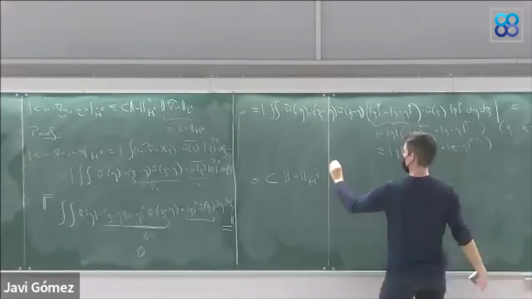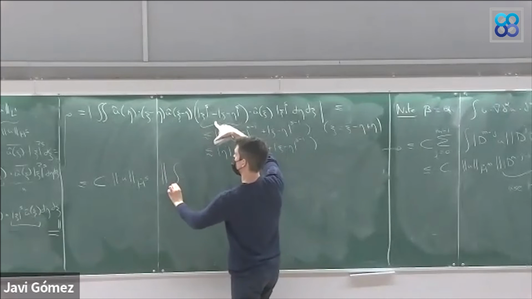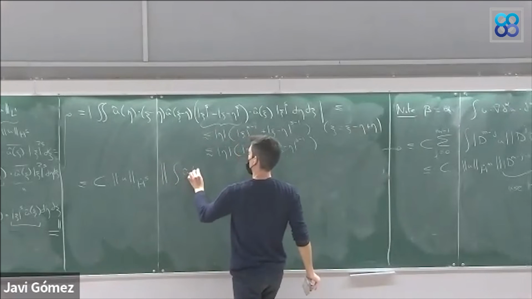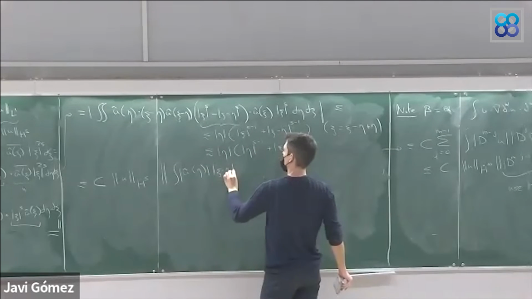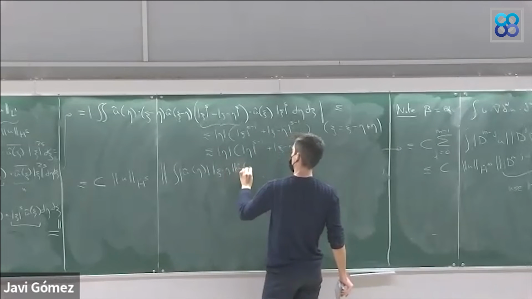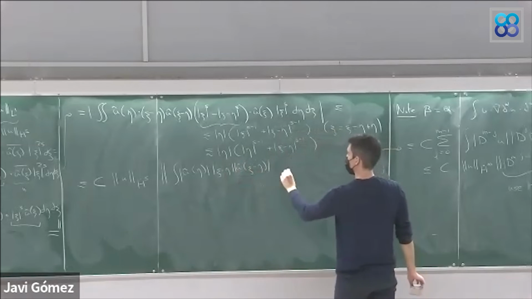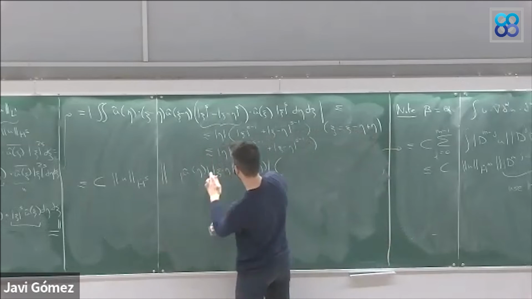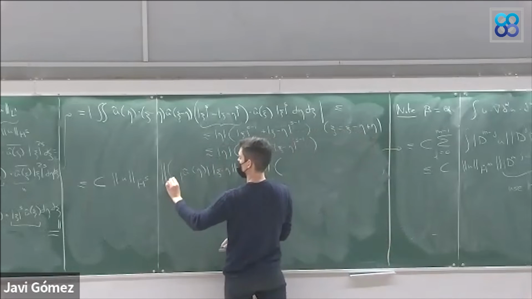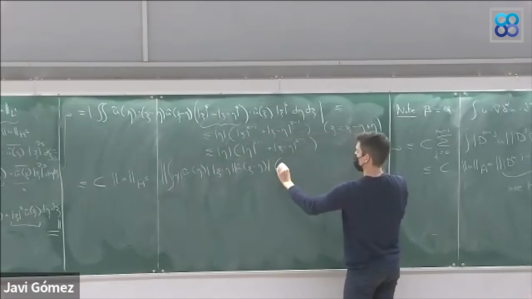And now we have the L2 of the rest, which is a convolution. So we have the L2 of u eta times derivative of u, and we have a factor of eta here. So eta and these two.